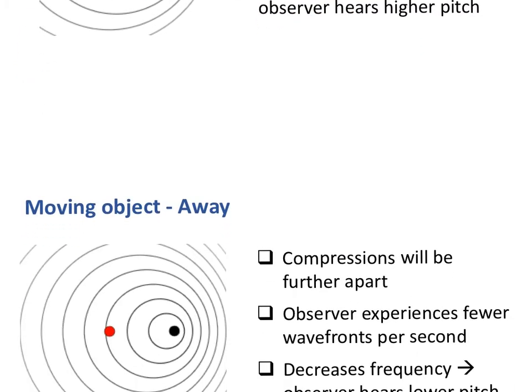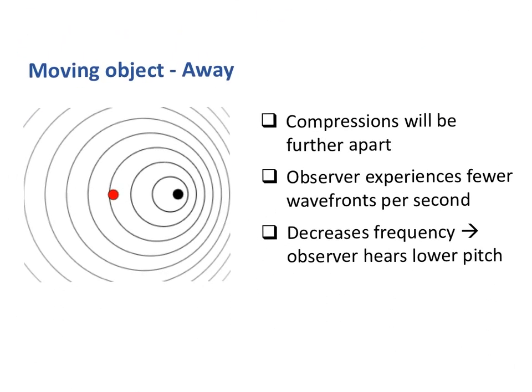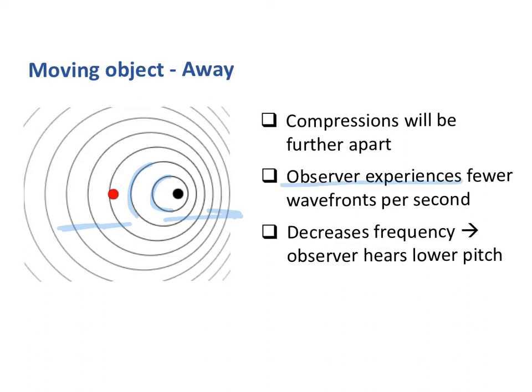If we're moving away, the object creates the sound, moves away, and then creates the second one. So now it's moving away from the wavefronts that it's creating. So the distance between the crests gets bigger. So now we experience fewer wavefronts per second. What does that mean? We have a decrease in frequency.